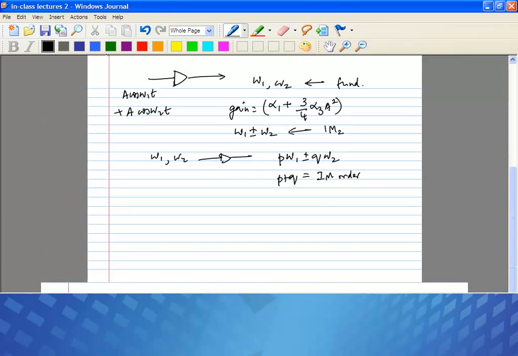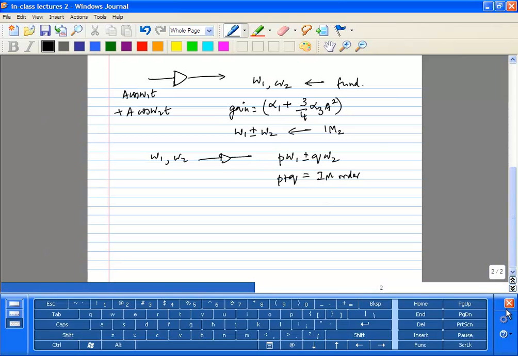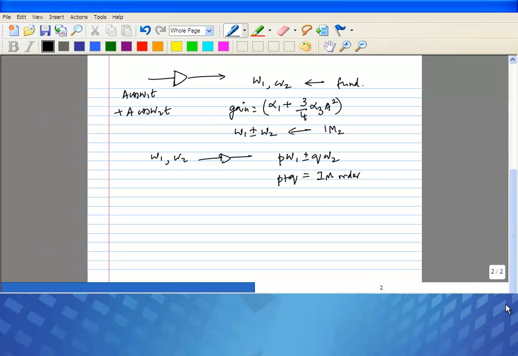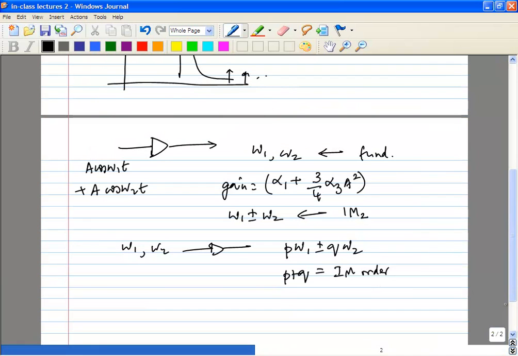You also get, when you have a third order nonlinearity, the terms that are called the IM3 products.